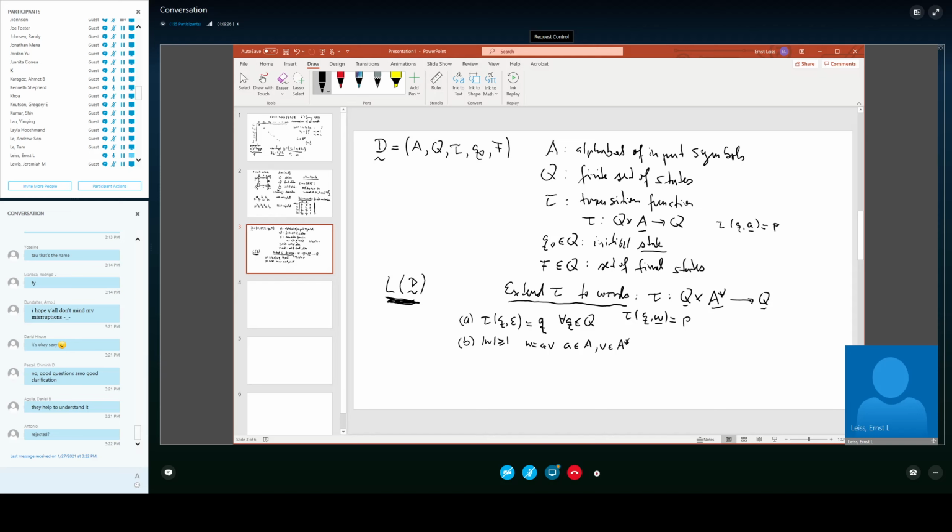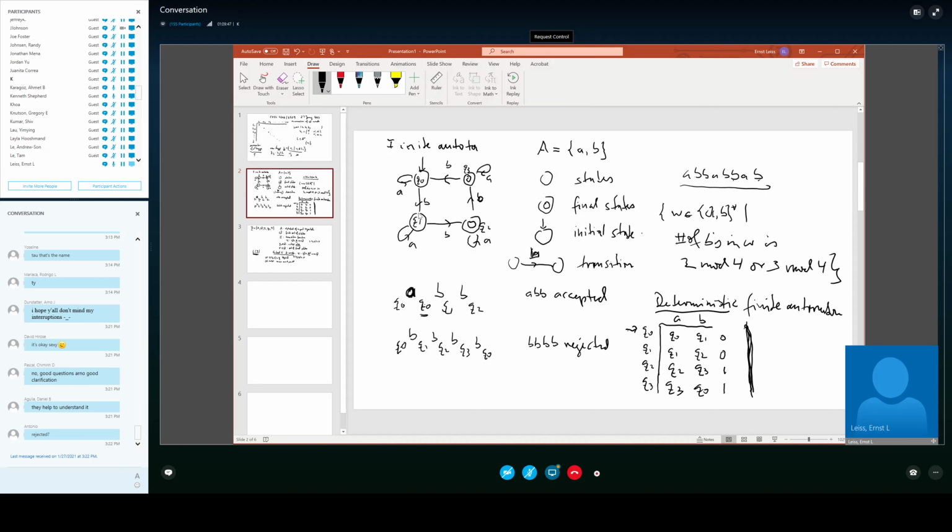Now this is sort of belaboring the obvious, but if you have epsilon, obviously you can't split off a letter because it doesn't have one. On the other hand, if the word is not epsilon, then it has to have at least one letter at the beginning.